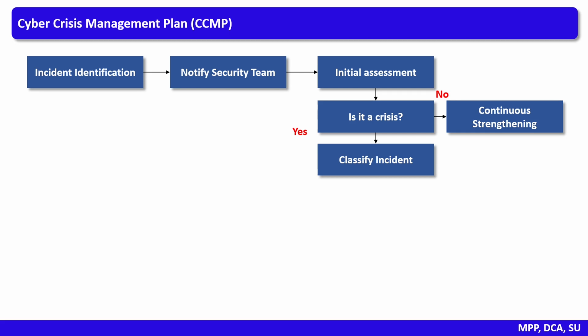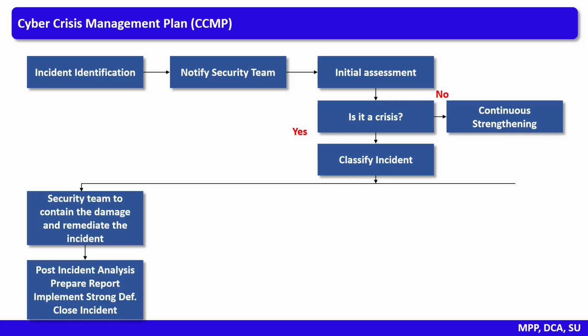Upon successful classification of the incident, the following set of actions are to be performed in parallel. Security team to contain the damage and remediate the incident, wherein they are expected to perform post-incident analysis, prepare report, implement strong defense mechanism, and close the incident.